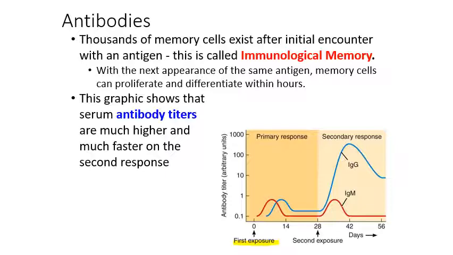Your first exposure to this cold, your immune system will slowly start producing B cell clones that are capable of recognizing this particular cold virus. Those plasma B cell clones are going to start to produce IgM as soon as they possibly can. So we get this wave of IgM, and then that wave dies down after 2 weeks.